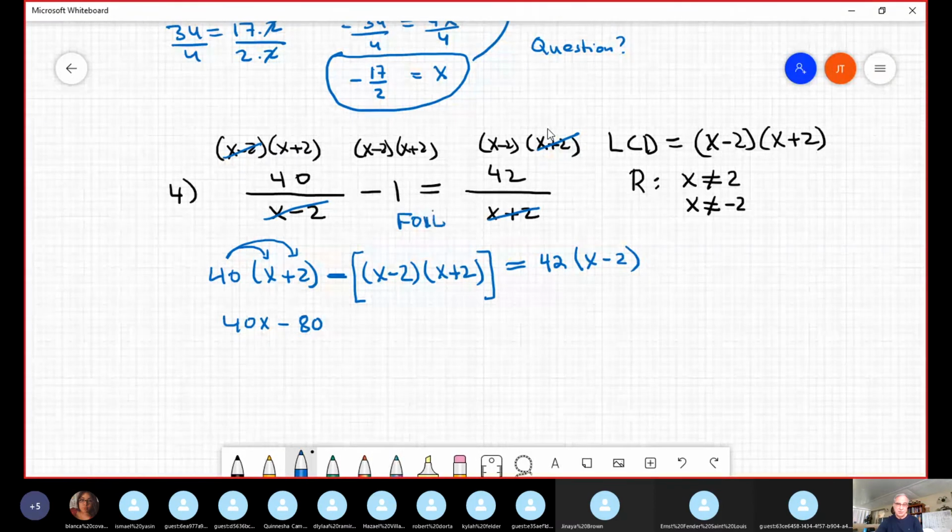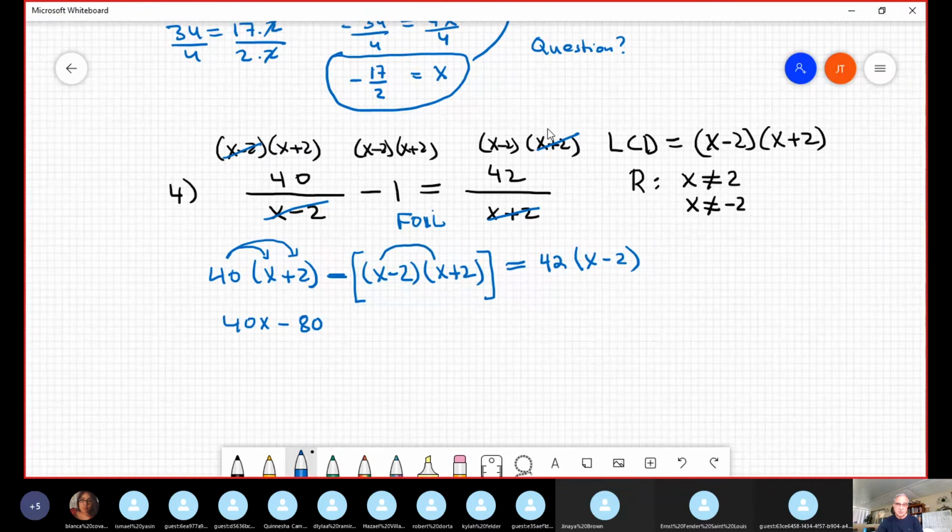Inside, x times x, I put a minus and a bracket, x squared. This time this is plus 2x, and this is minus 2x, and this is negative 4.